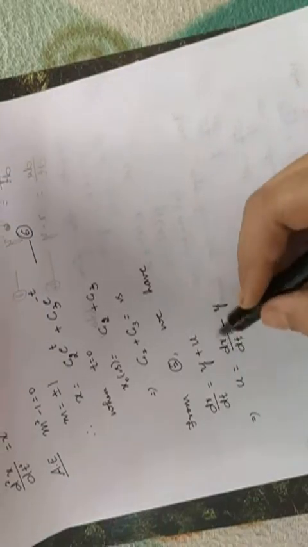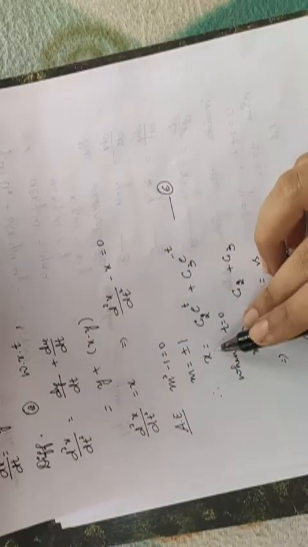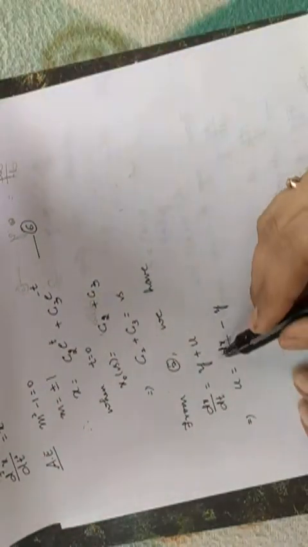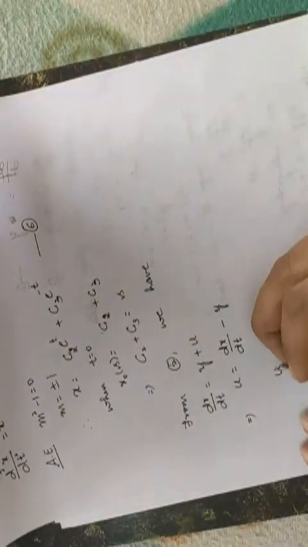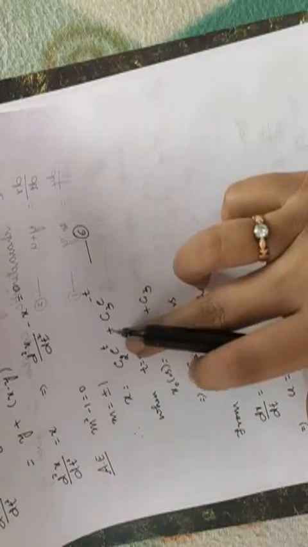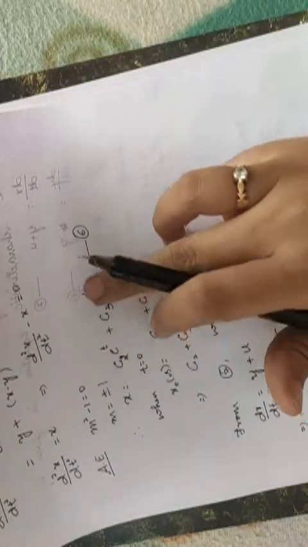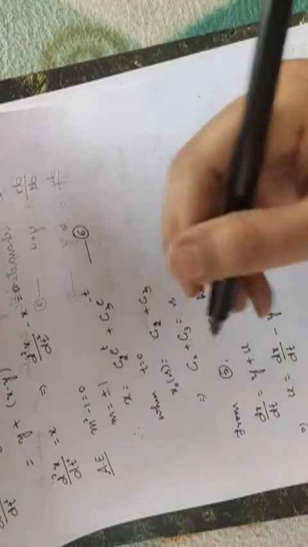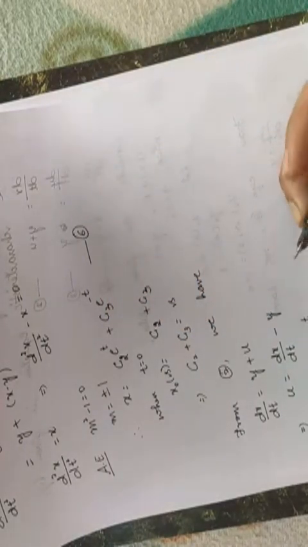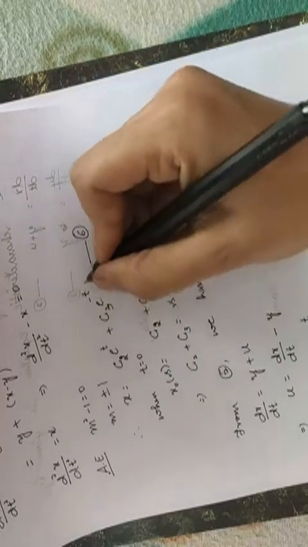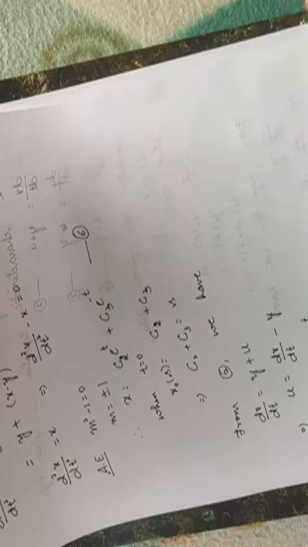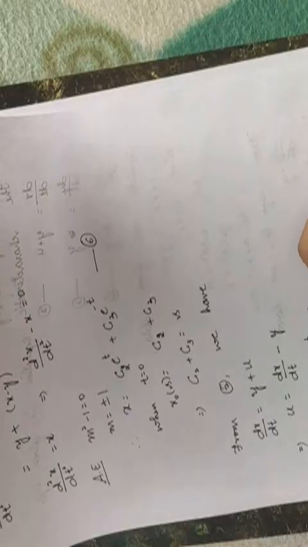What is dx by dt? I have x. If I differentiate this with respect to t, I will get the solution for dx by dt. So u is equal to, x is c2 e power t plus c3 e power minus t. C2 is constant. Differentiation of e power t is e power t itself. Here I have e power minus t. If I differentiate this, I will get minus e power minus t. So I will write this as minus c3 into e power minus t.